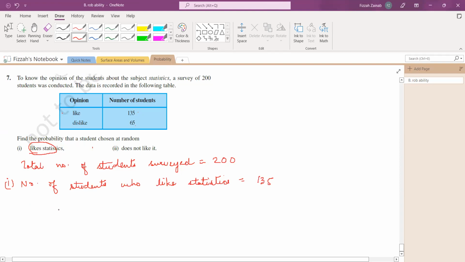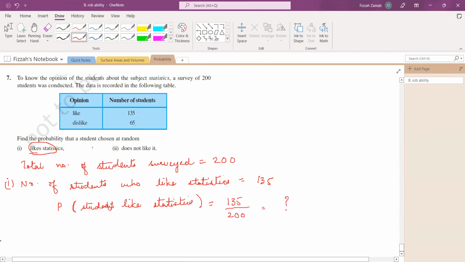And so the probability that a student likes statistics, this probability you want to find out. So 135 students are there and the total surveyed are 200. You will do the calculation.